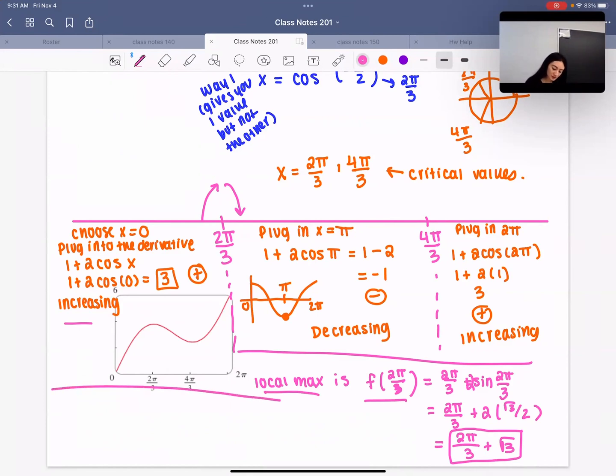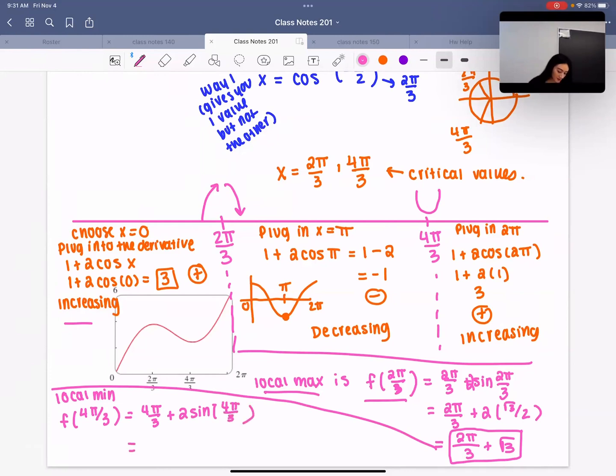Let's do our local min. Oh, I didn't even tell you it was a local min, did I? Well, we go from decreasing to increasing at 4 pi over 3, so it looks like that's going to be a local min. So you can either say f of 4 pi over 3, or you can plug it in: 4 pi over 3 plus 2 sine of 4 pi over 3.